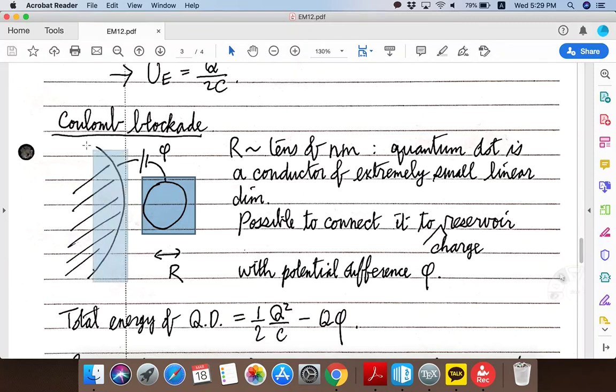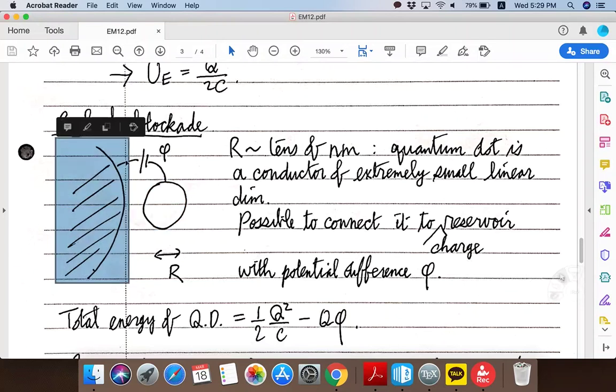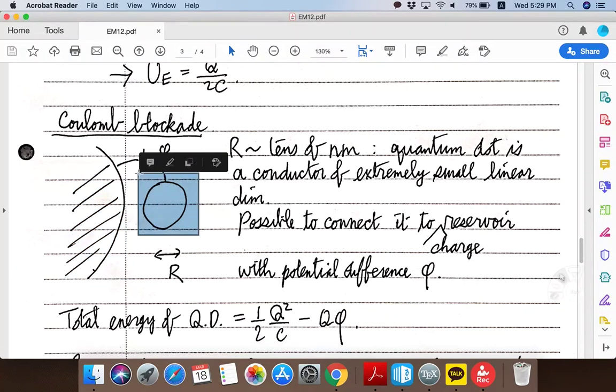And this huge macroscopic size conductor is also called a reservoir because this is like a huge reservoir with an infinite supply of charges. And by connecting a small quantum dot to a reservoir, the quantum dot is able to borrow money, not money, but charge from time to time from this infinite supply of charges, or infinitely rich bank over here.